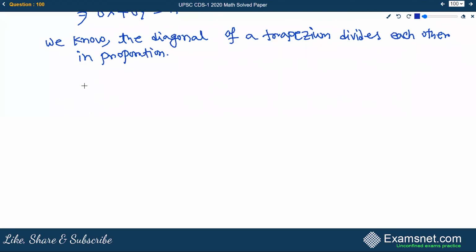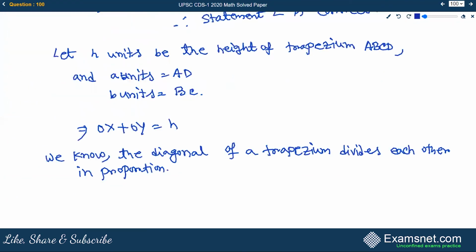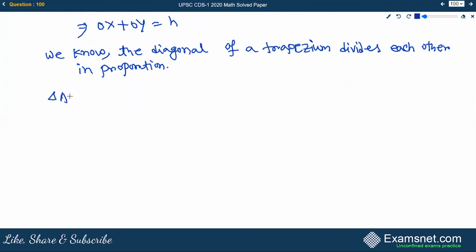Okay, so we can see here these two triangles AOD and BOC, triangle AOD and triangle BOC.